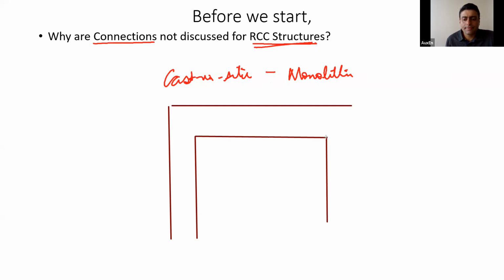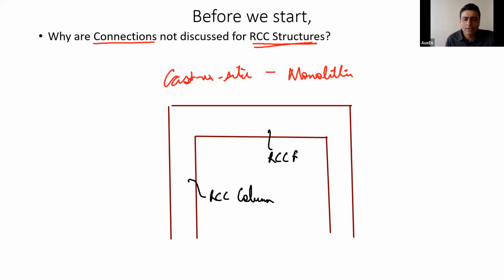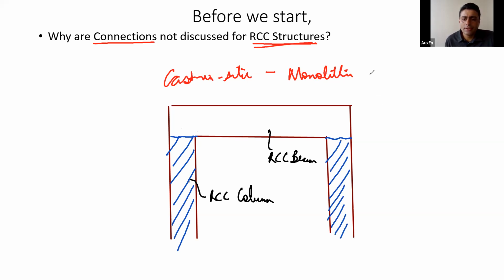So generally, what is the sequence of casting? If this is an RCC column and this is an RCC beam, how do we cast it? Usually the practice is to cast up to the beam bottom, and then this portion is cast later.